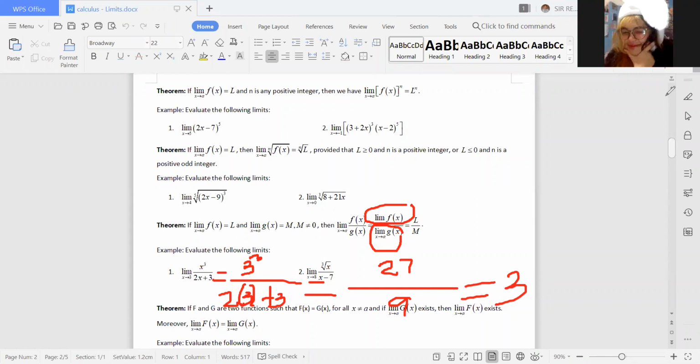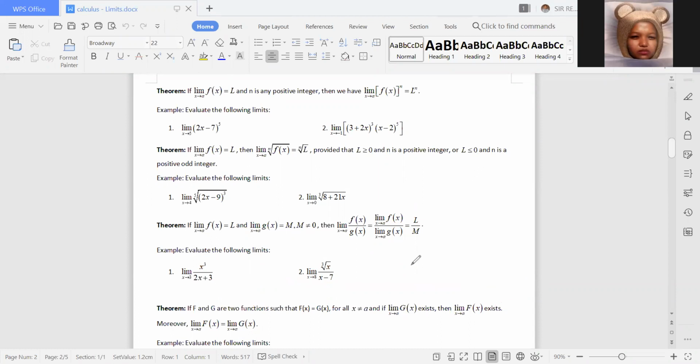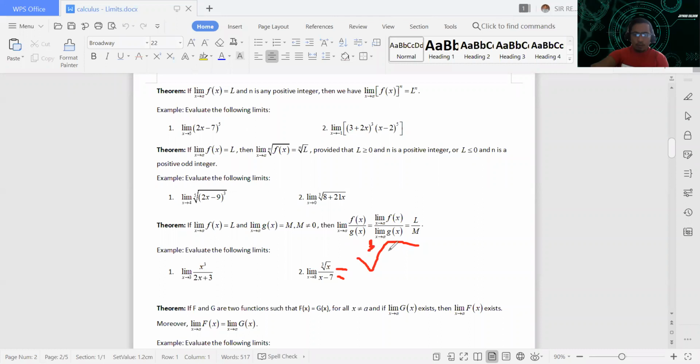Any questions? No, sir. Okay. So after that, this one. In this case, it will be the cube root of 8. The idea, class, is to just substitute your fixed point here. Later we will have examples that won't work if you substitute, because either the denominator becomes 0 or both numerator and denominator become 0.